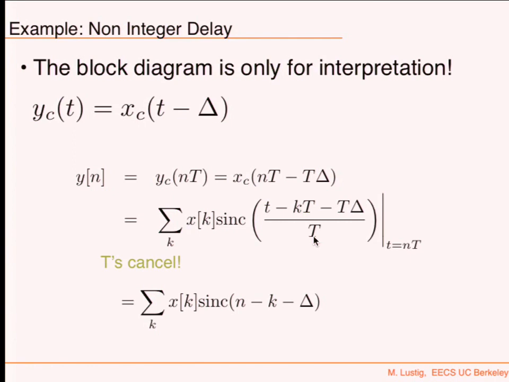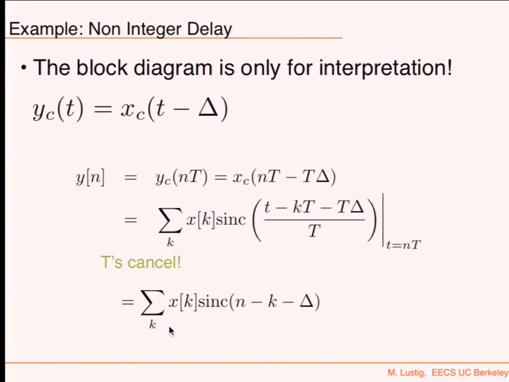It makes sense because I already have discrete samples. As long as I don't reconstruct without creating aliasing or removing information, it doesn't matter if I use a really fine T or a relatively coarse T, because I perfectly reconstruct my continuous signal. So those T's cancel, and I basically get the sum over k of x of k times sinc of (n minus k minus delta).